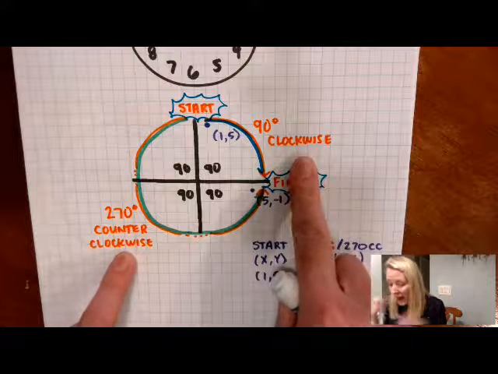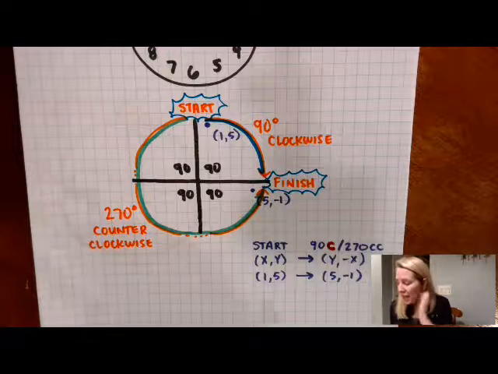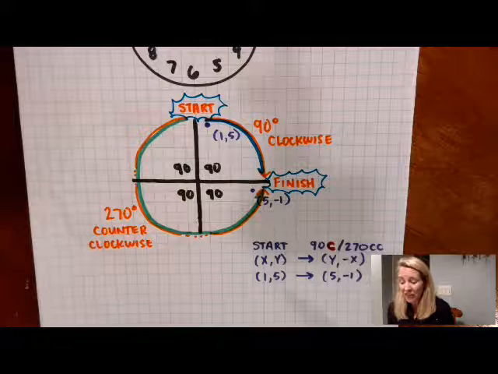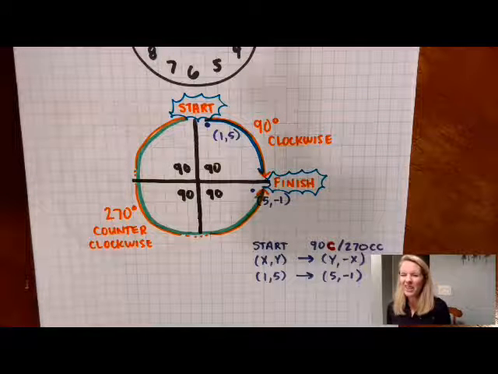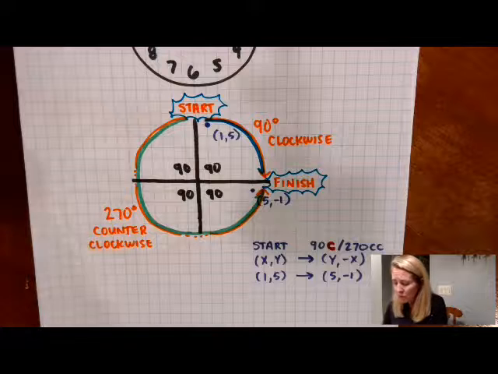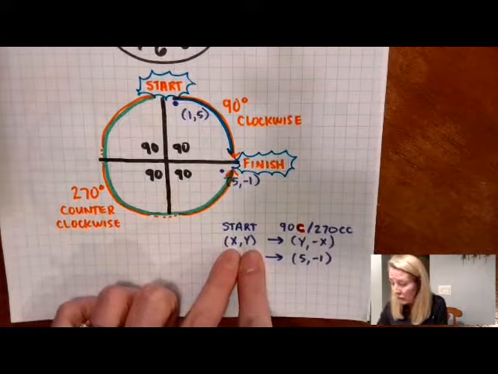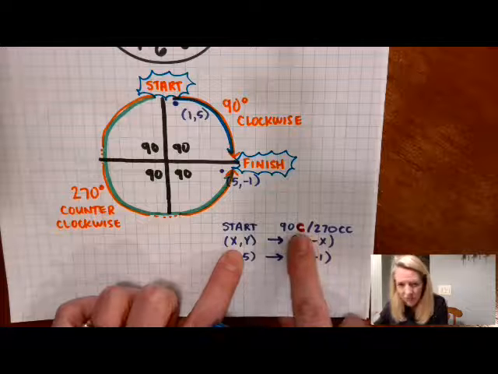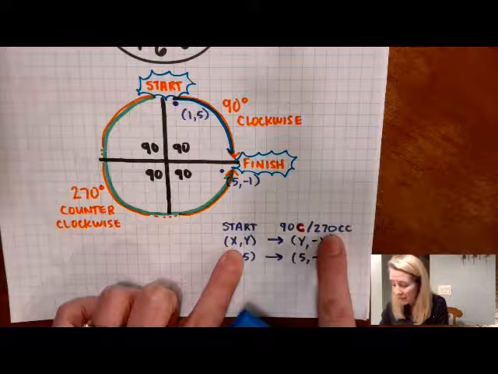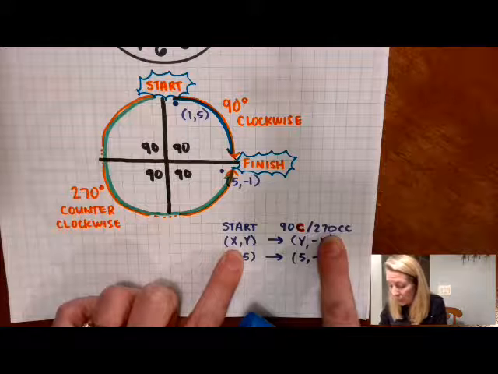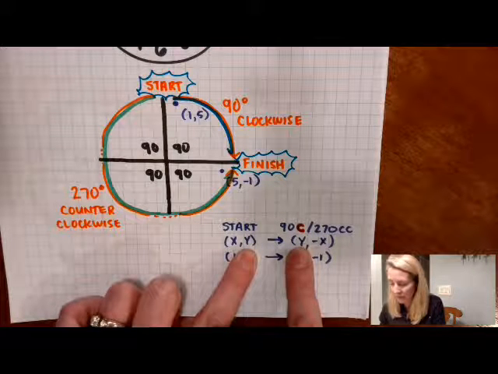And so for a lot of transformations, rely on visuals. I think they help me. I think they help a lot of students. But for transformations involving rotations, I rely heavily on some shortcuts. So a shortcut is, no matter what your ordered pair is, if you're going to go 90 degrees clockwise, which is the same thing as 270 degrees counterclockwise, basically your Y is going to be the first number listed, and then it's going to be your X, but don't forget to switch your sign, okay?